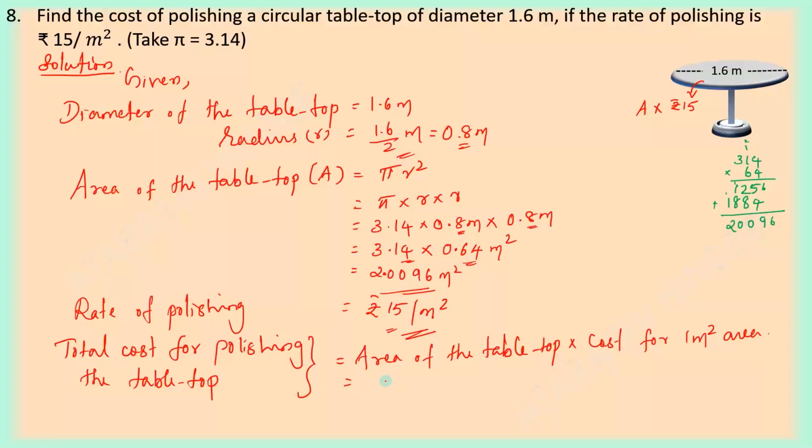That is equal to 2.0096 meter square. That is, area is 2.0096. Then we have to multiply this with rupees 15. Now let us multiply 20096 with the 15.